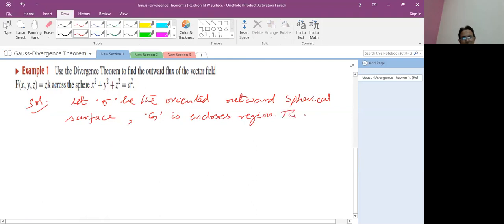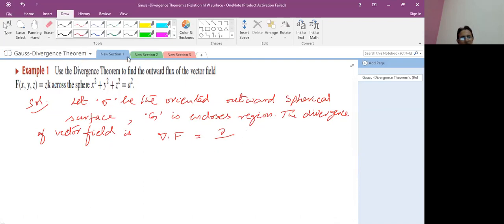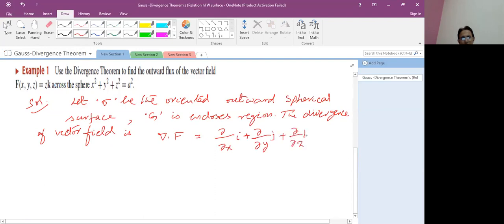So the divergence of the vector field is del dot F, which is equal to the operator dou over dou x i plus dou over dou y j plus dou over dou z k dotted into F. F is z k.